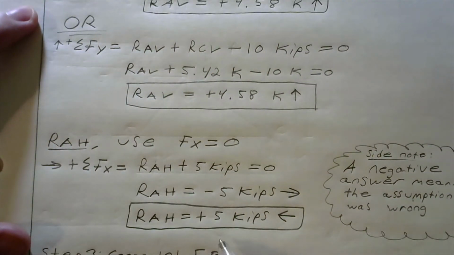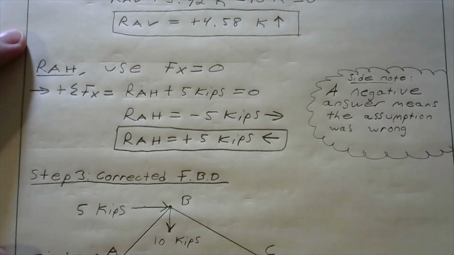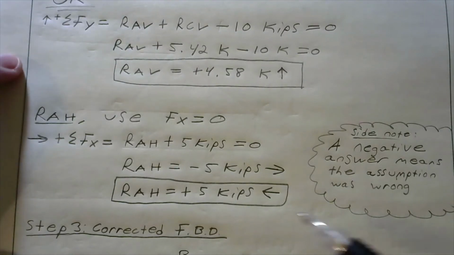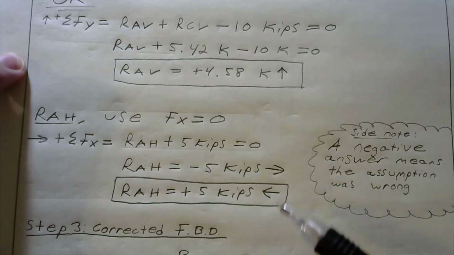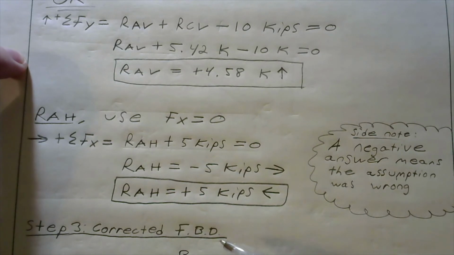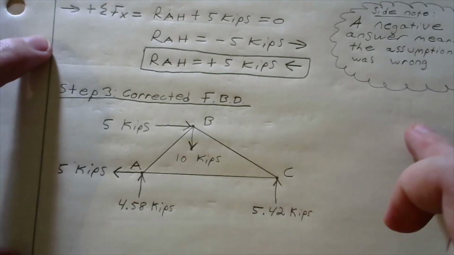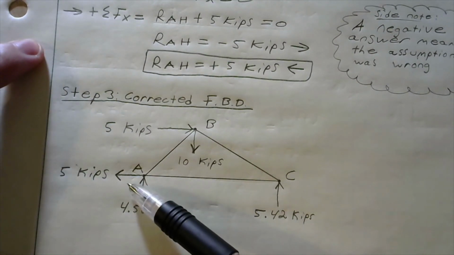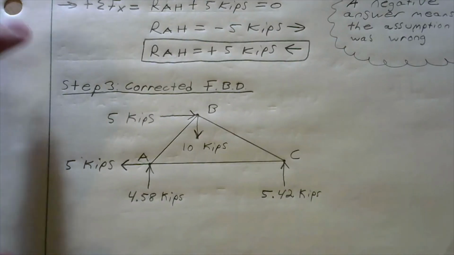So I wrote that here. This 5 kips is really going to the left, and it's positive. And because this assumption was wrong and we had to redraw this arrow, I corrected the free body diagram to account for that change in arrow, and that will be your final answer.